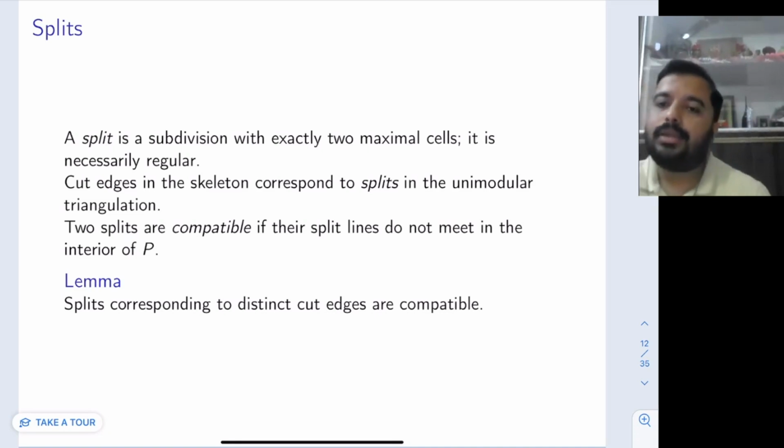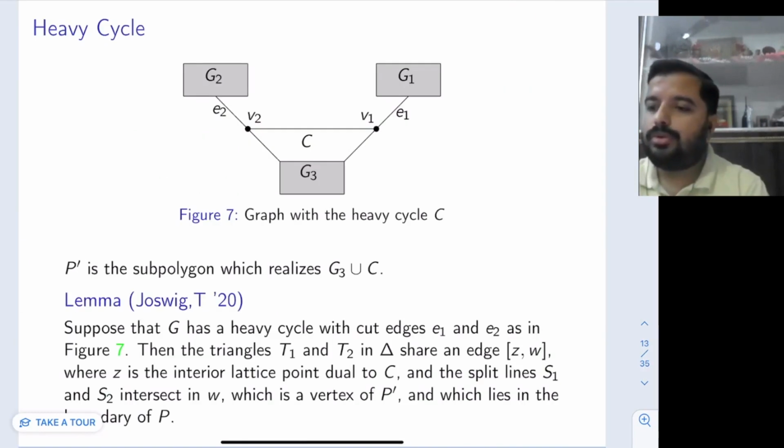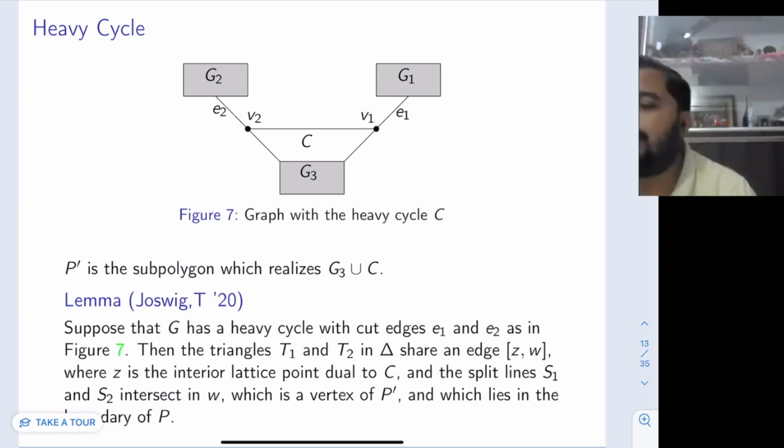So this is some technical info that we'll be using in most of the proofs of coming up with new forbidden criteria. Beginning with one of the first results that we were able to show, we introduced a new structure called a heavy cycle. A heavy cycle of a graph is this cycle C that you see in this graph.